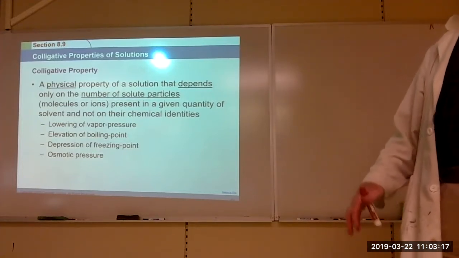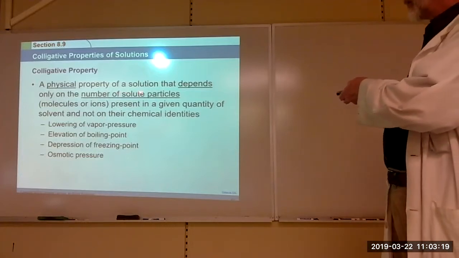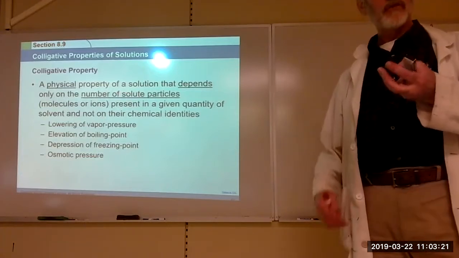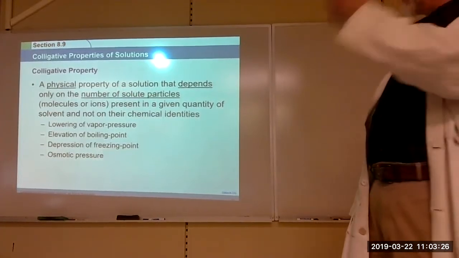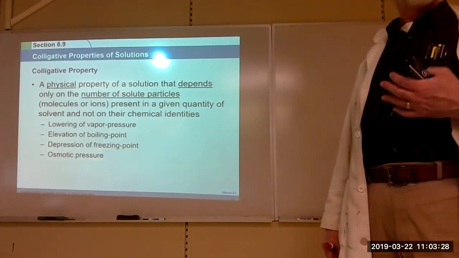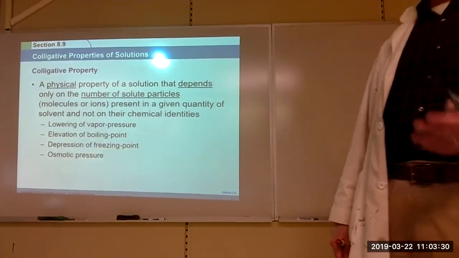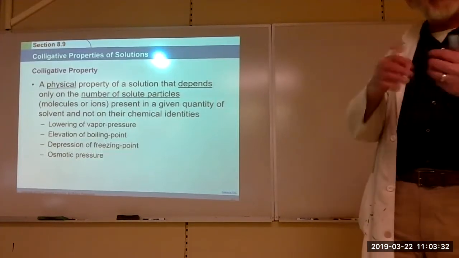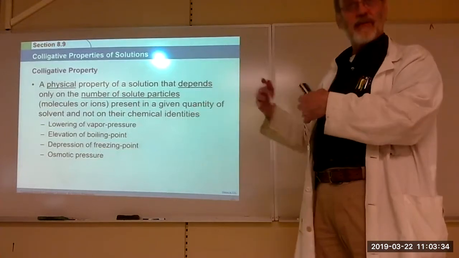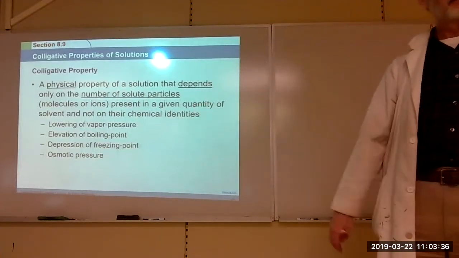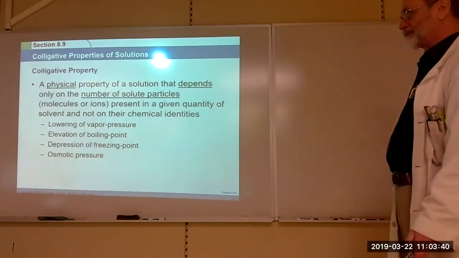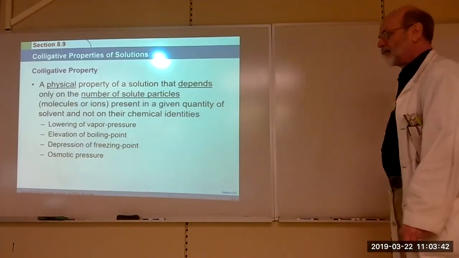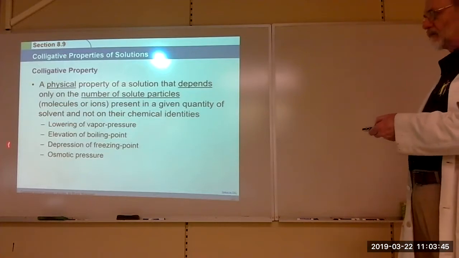If you don't know what your solute particles are when you start, then you can gain some information about them using a colligative property, such as molar mass. If you know the molar mass of your molecule, combine that with some other information, and you might be able to tell exactly what it is. So colligative properties are very useful. These are the four most common.